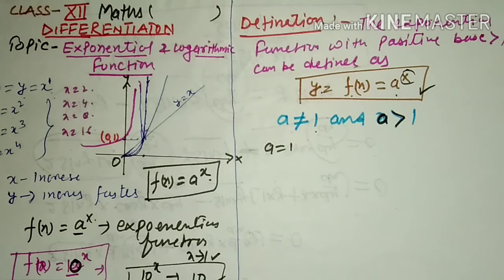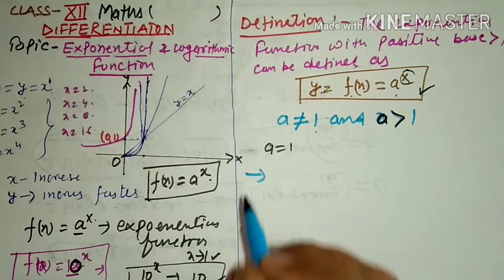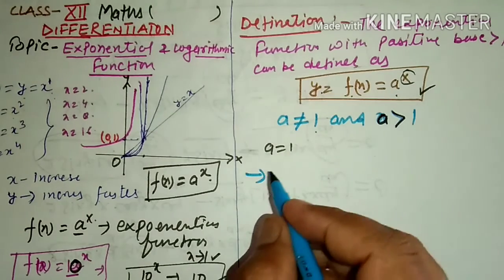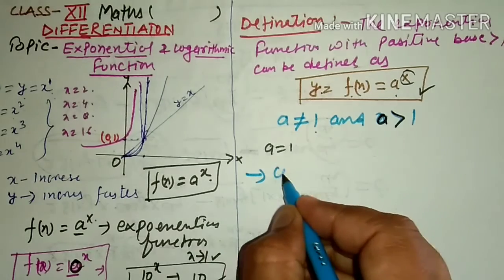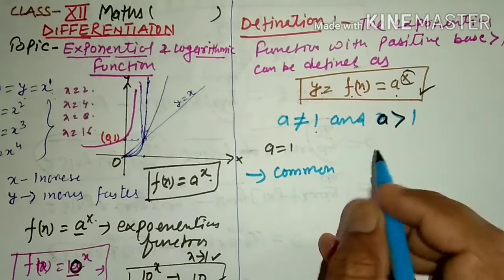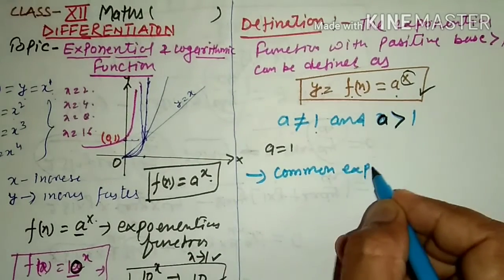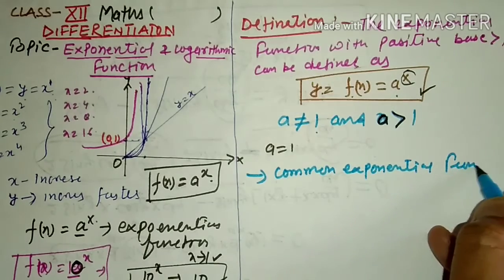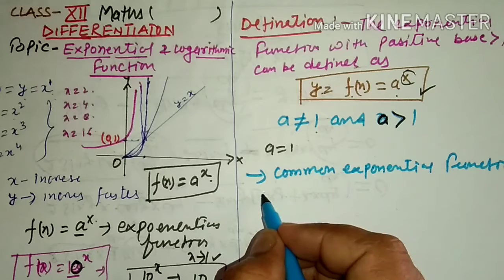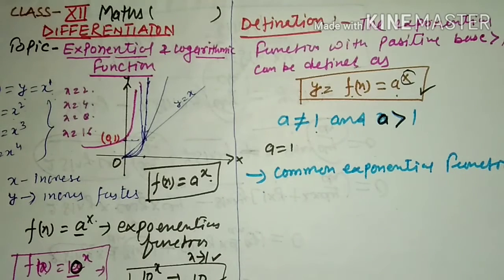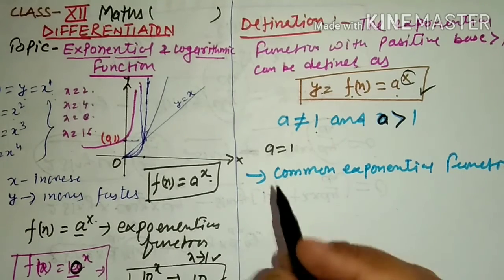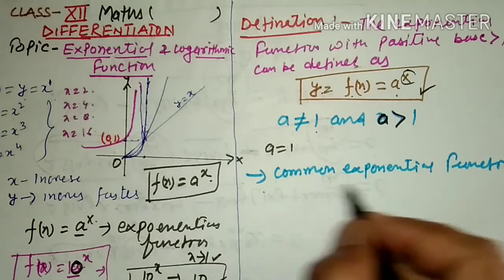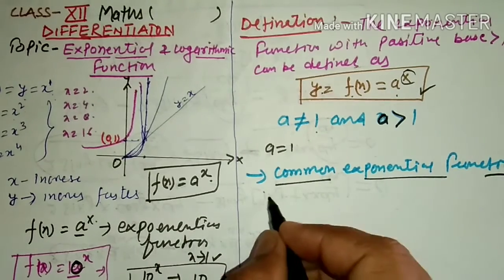Clear? Now there are two types of exponential function. First is common exponential function.